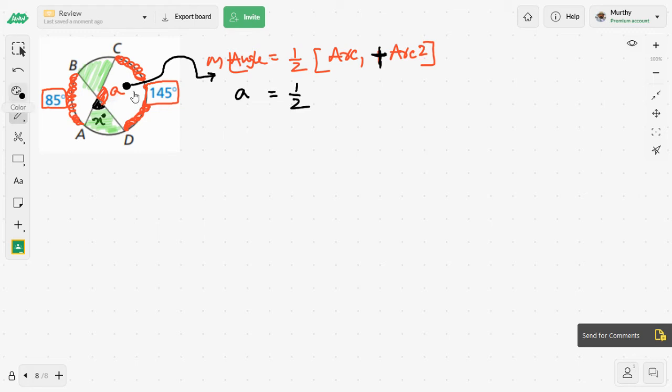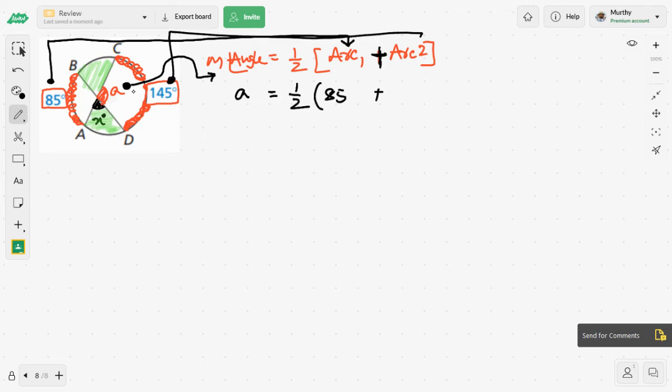As I told you before, you can take either 85 or 145. So please remember, I'm not computing x at this point. This is 85, and my second arc value is 145. We already computed the same thing in the previous one. Half of 230 gives me 115.